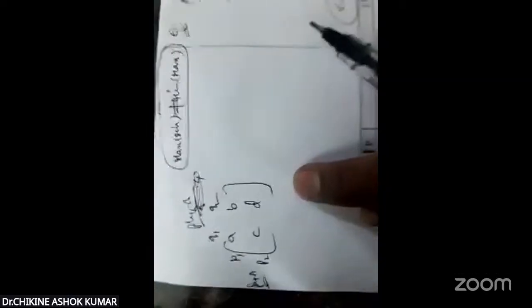Now, if maximin does not equal minimax, then only we can apply this method. That is mixed strategy. This principle is applicable only for a 2 by 2 order matrix.